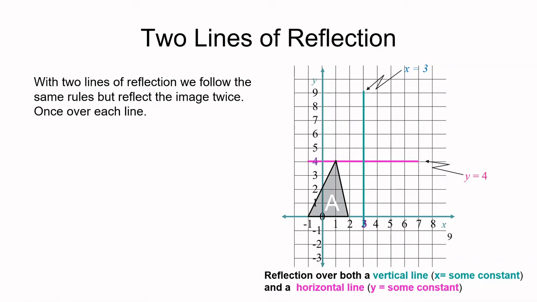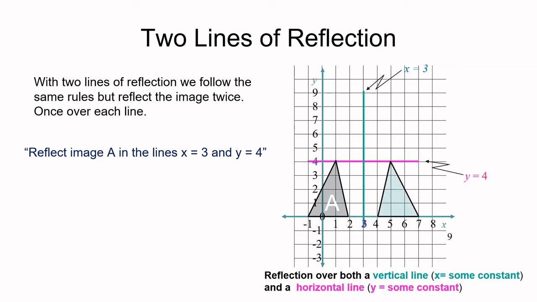So using the correct vocabulary, they may ask us to reflect the image A in the lines x equals 3 and y equals 4. So it's important that you understand the equations of lines so that you can correctly graph those lines and reflect the image in those defined lines. So reflecting A in the line x equals 3 gives me this triangle.